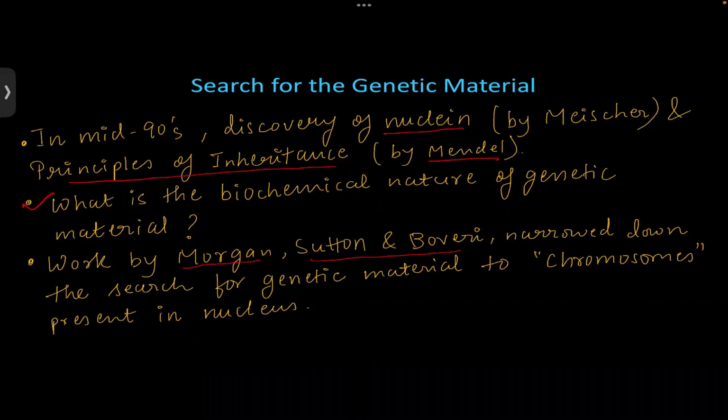Because of their work, the scientists who were going to answer this question knew to look for genetic material in the nucleus, because they knew the genetic material was present in the chromosomes, which are themselves present in the nucleus. So the search for genetic material was narrowed down to the nucleus level. Their work helped in narrowing down the search.